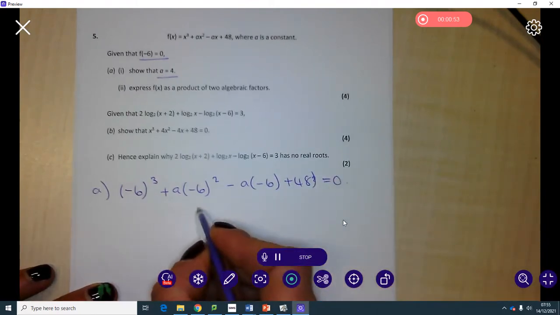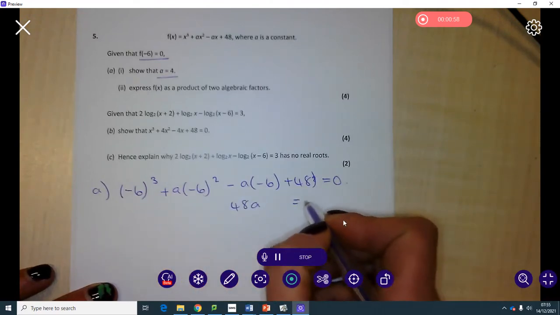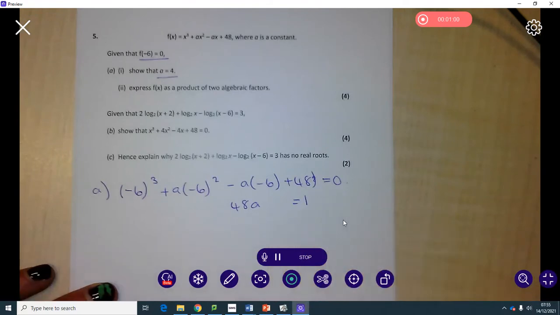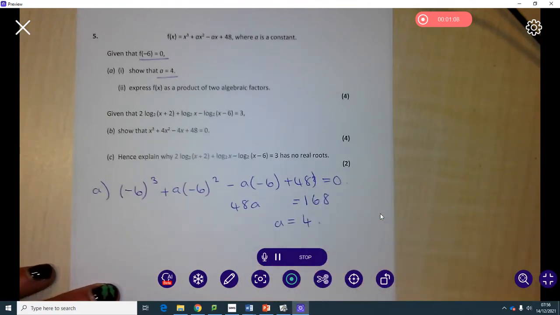We can simplify this to give us 48a is equal to 168, and therefore a is equal to 4.